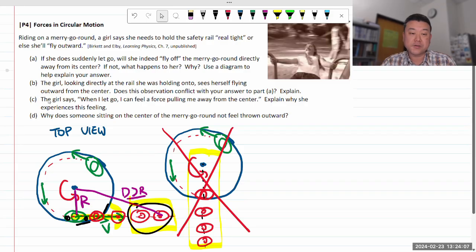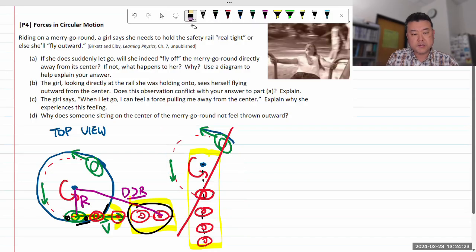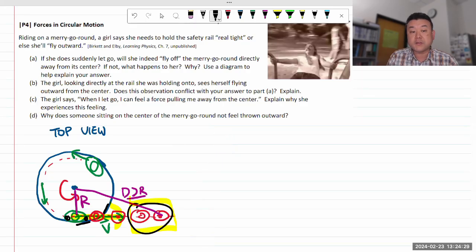So in C, the girl says, when I let go, I can feel a force pulling me away from the center. And I think this is the kind of thing where you should make sure to pause, think about it, and address it, because this is what she's saying. So if you think there's a force, you can draw a free body diagram.